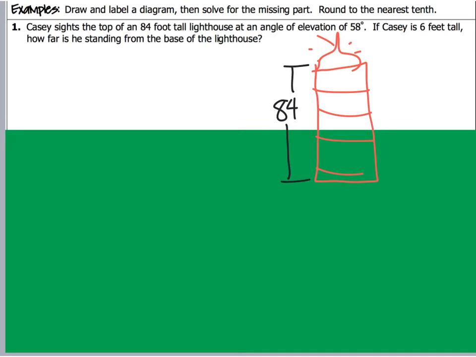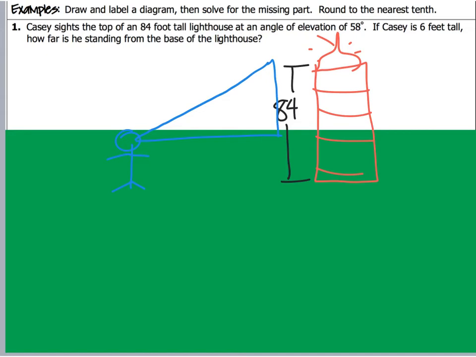It's an angle of elevation of 58. So we know we're going to be going up to the top. The angle of elevation is 58 degrees, and Casey is 6 feet tall. Okay, so there's Casey, 6 feet tall, looking up.